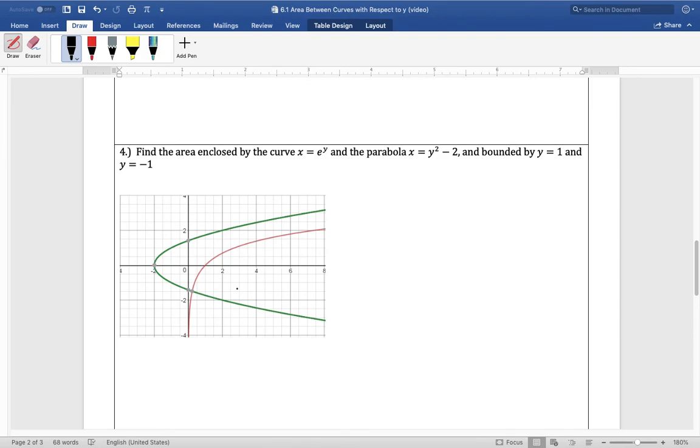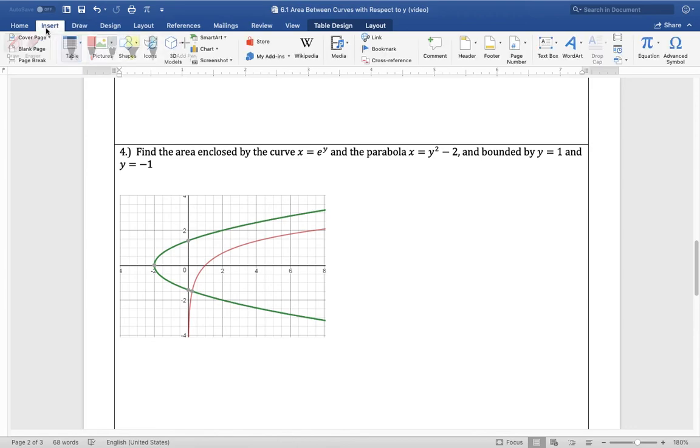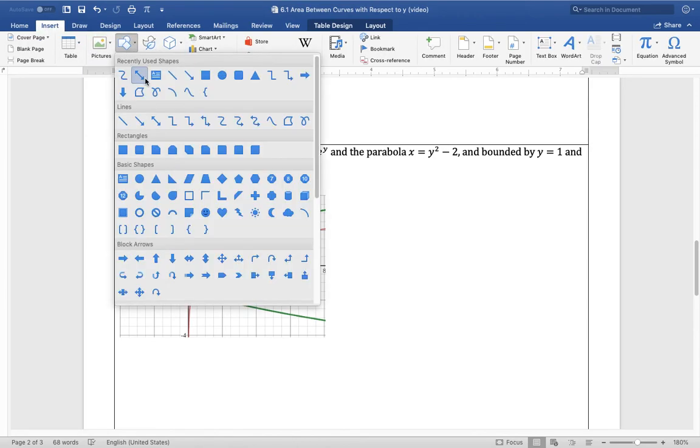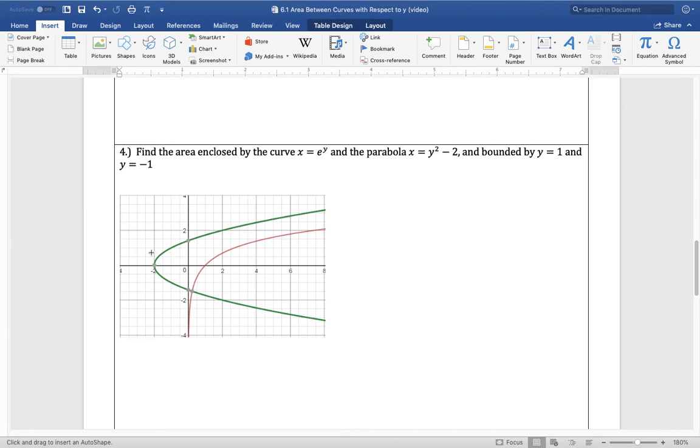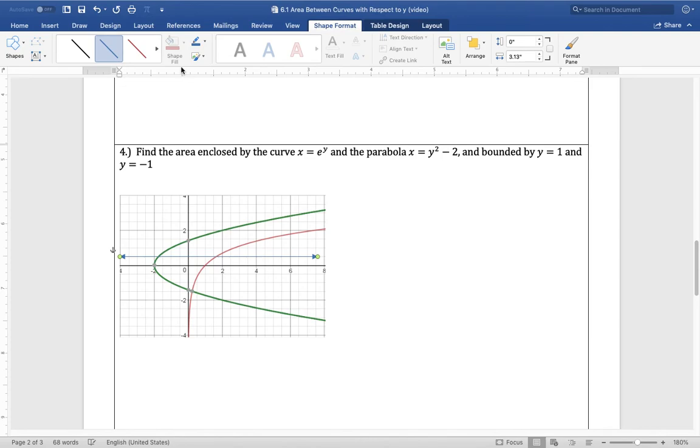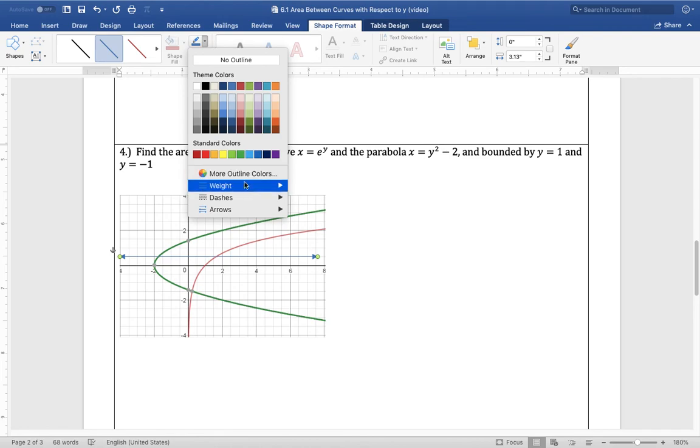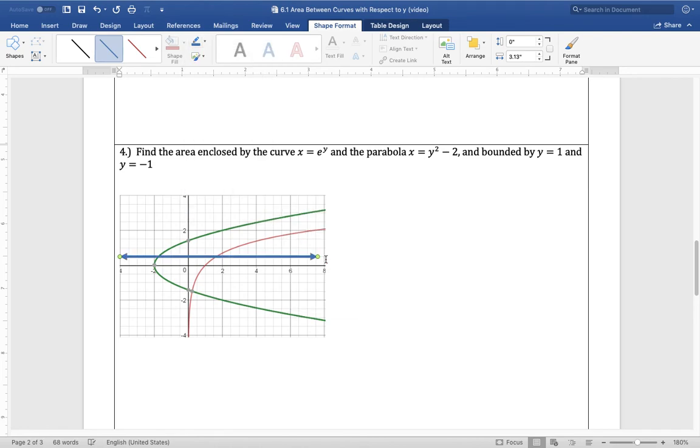The curve e to the y is right here, the red one. You can see on mine. And this is the parabola. It's being bounded by the lines y equals 1. So let me just do this. Y equals 1 would be here, so you just add this into your graph. All right. And then, let's see. Can I make it bigger? Yeah, we'll go like that.